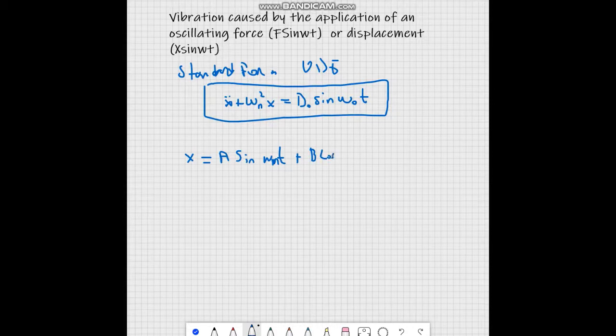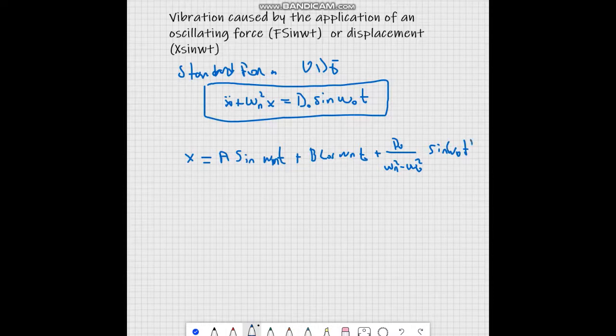Plus, in free vibration we have this solution, but we have a non-homogeneous term, so we need to add D0 over the natural frequency squared minus the initial frequency squared, multiplied by sine of the initial frequency multiplied by time.